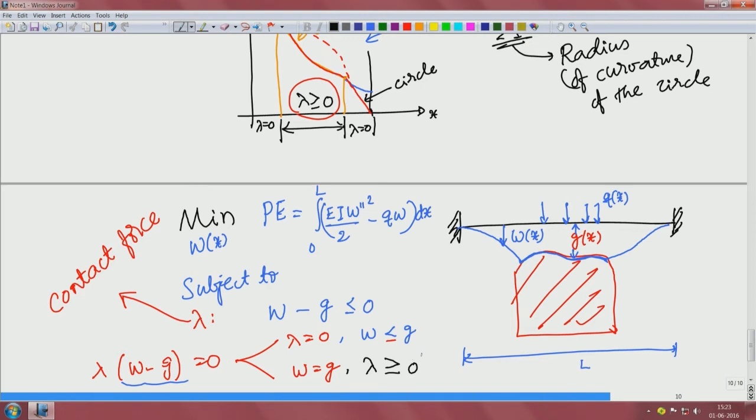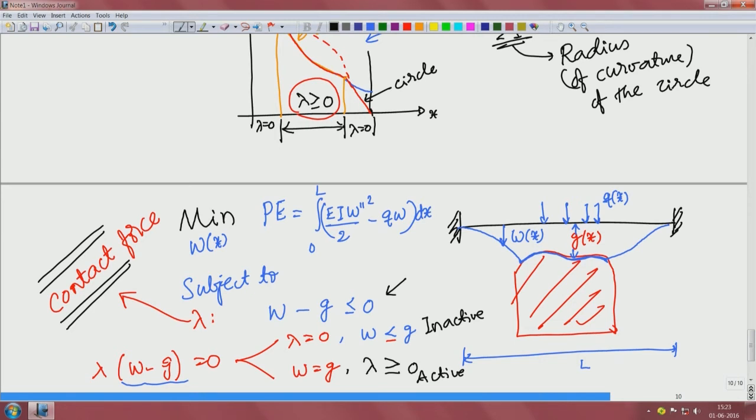In this case the constraint is active, whereas in the other case it is inactive. So contact problems can be solved using a variational framework when you have function type constraints. We have solved Chatterjee's problem as an example to show how we can deal with inequality constraints which are function type constraints.